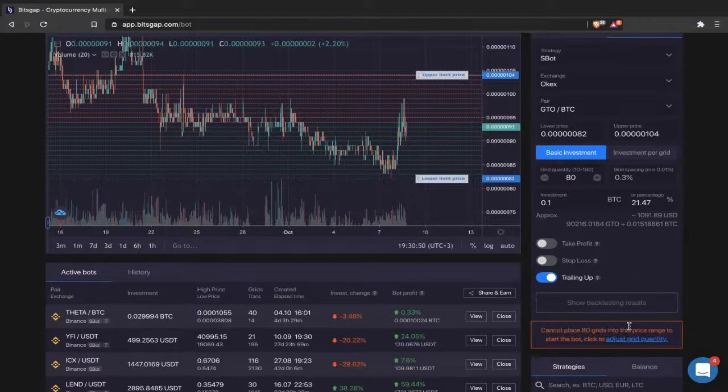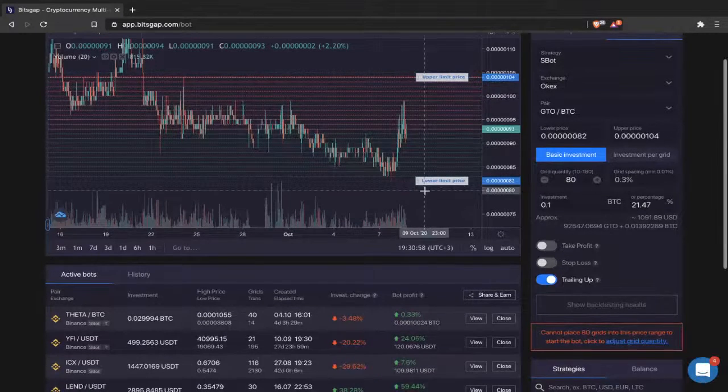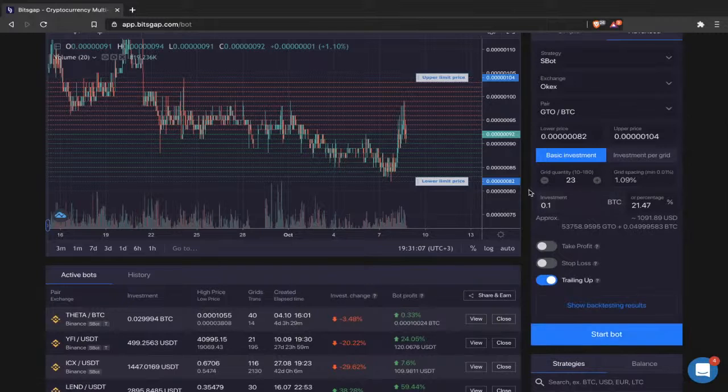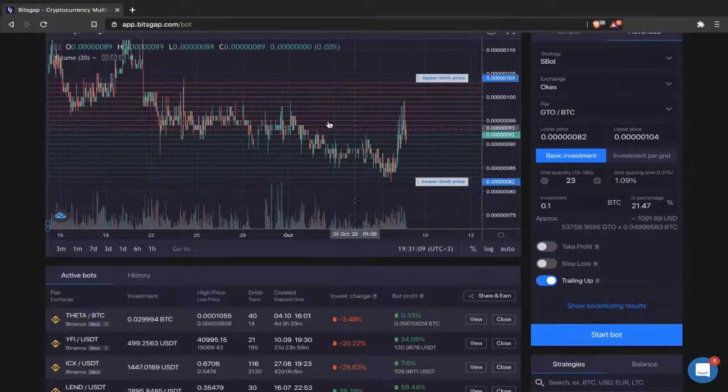So that means you can adjust the grid quantity to make sure that the bot is able to launch the algorithm with the same investment value. So you see, it turns out that on this cryptocurrency pair, you are able to launch only 23 grid levels with the total investment of 0.1 Bitcoins.